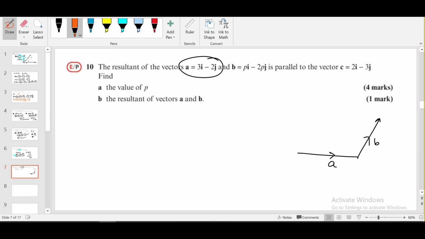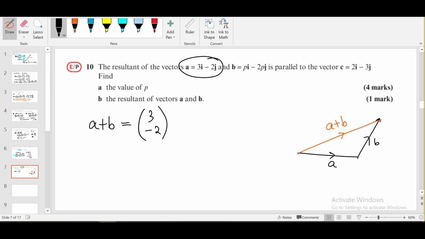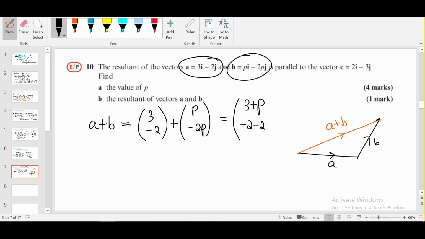The resultant vector is this actually. It's A plus B. So you need to find A plus B first. A plus B is equal to, A is (3, -2) plus B is (p, -2p). You add them, you get (3 plus p, -2 minus 2p). Leave it in this form. That's the vector A plus B, the resultant vector.